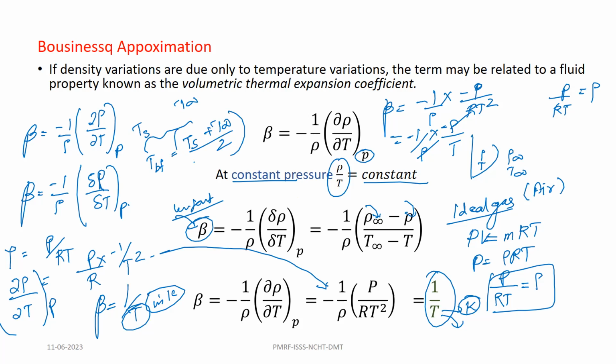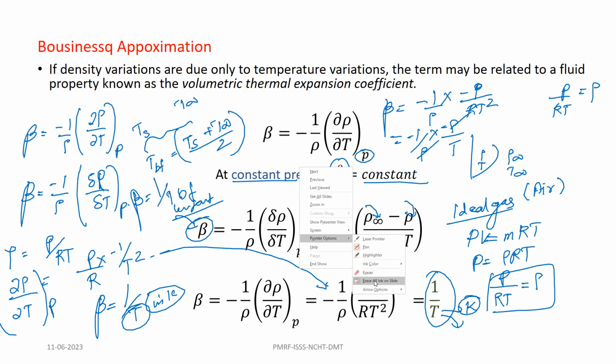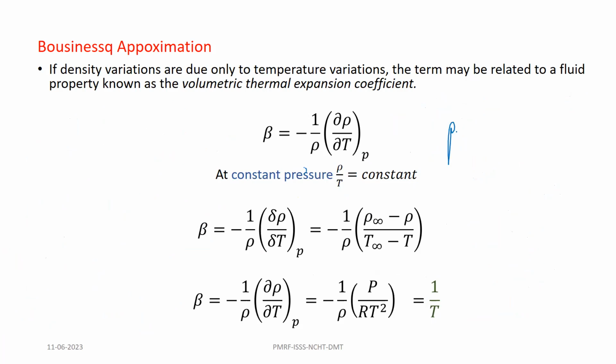We take an average value to determine this beta. So beta is equal to 1 by T bulk, also denoted as the bulk mean fluid temperature, Tm equals Ts plus T infinity by 2. So temperature has to be in Kelvin; you need to note that.